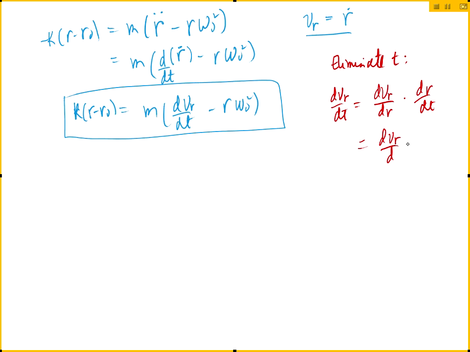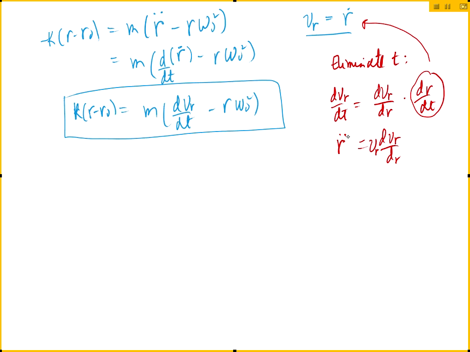So what is dr/dt? Which is VR, right? So again, we see this: r double dot could be replaced by VR dVR/dr. And this is not the first time we've seen it.